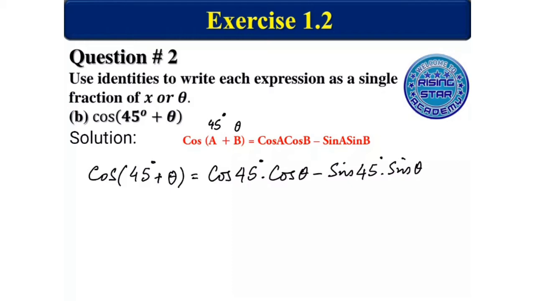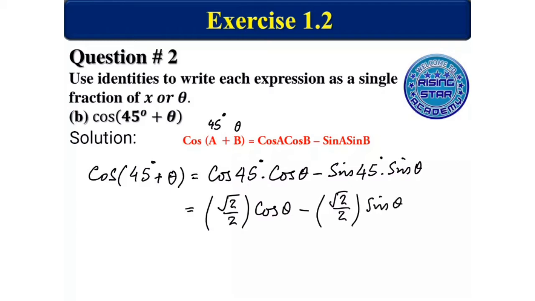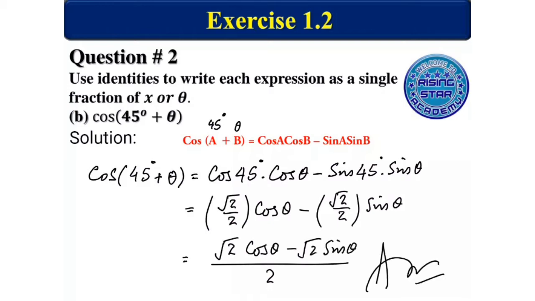We know that cos 45 and sine 45 have the same value, so root 2 by 2 into cos of theta minus root 2 by 2 into sine of theta. We will take LCM as 2, so we can write root 2 cos theta minus root 2 sine theta over 2. That is our final answer in a single fraction.